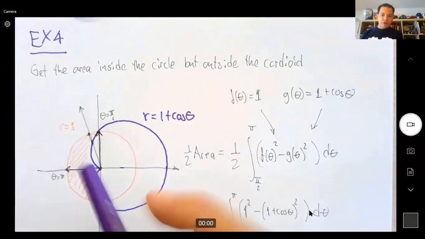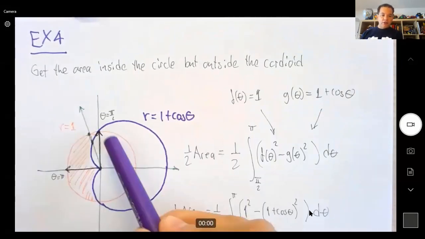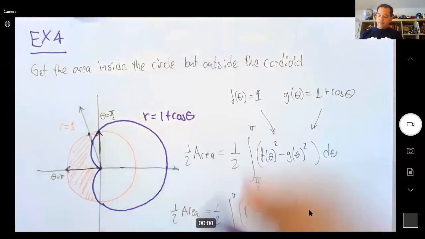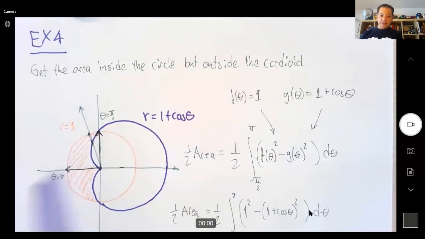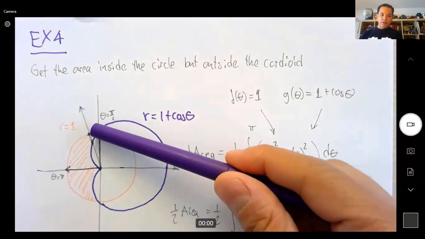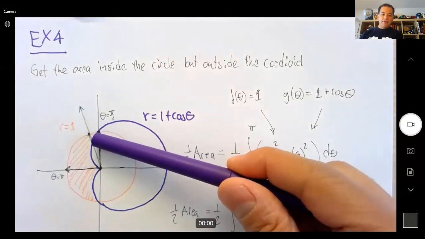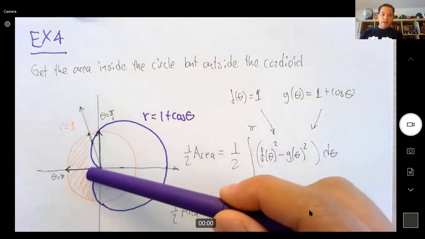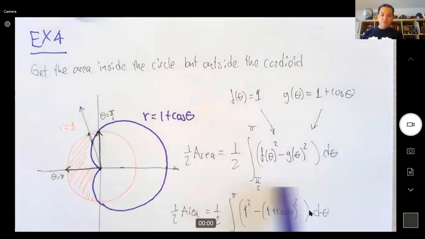One of them is this circle, and the other one is this cardioid. Like I explained last time, the circle is the outer function because it's the one that is farther away. You can see it on this ray. This point on the circle is farther away, and the point on the cardioid is closer. So we need to get this area over here, and the formula is right here.